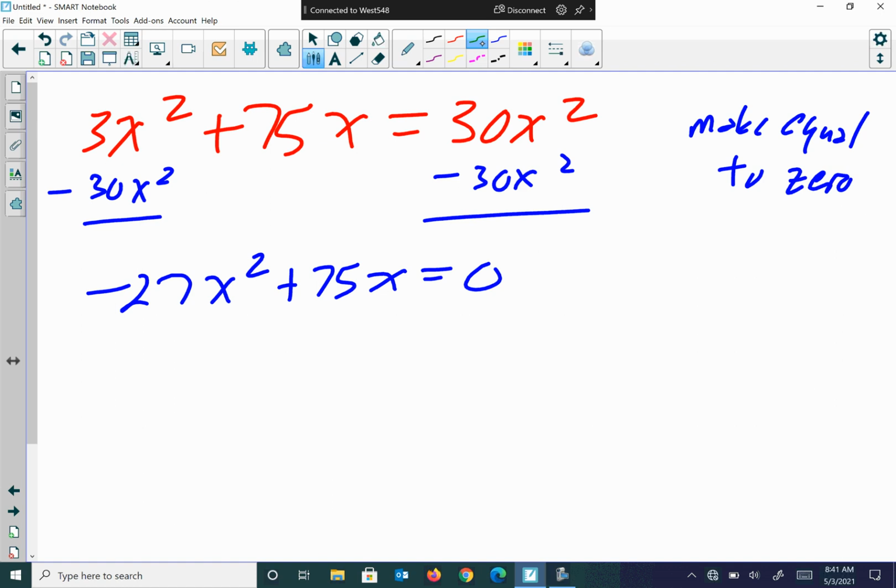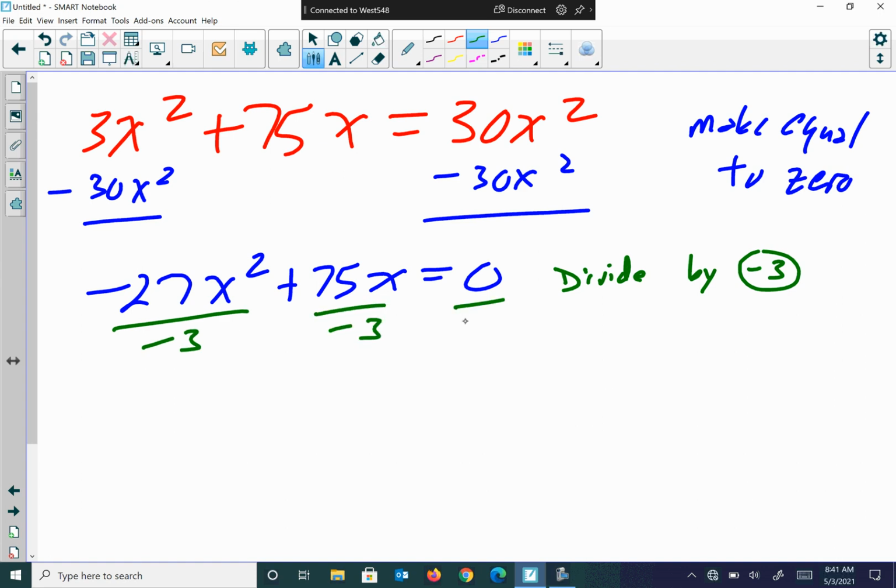Good eye. Yeah, look at this. If we divide everything by 3, or actually I'm going to do this. Divide by -3. Watch what happens. So I get 9x squared minus 25x equals 0.